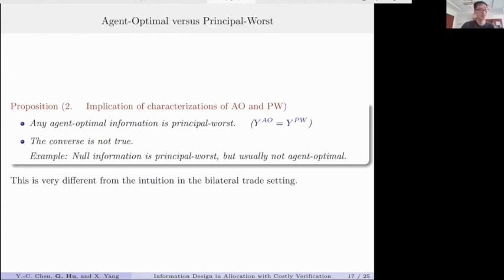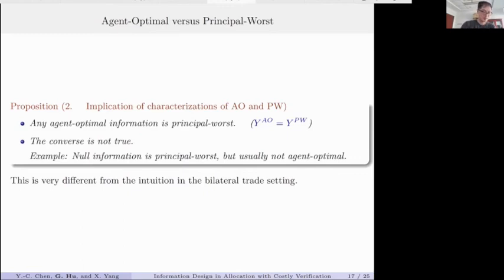But here we have a kind of half similar result, but the intuition is very different. Because in our allocation problem, the principal and the agent actually have overlapped interest. The principal wants to allocate the good to the highest signal guy, and the agent wants to get the good with as large probability as possible. So the interests are overlapped.